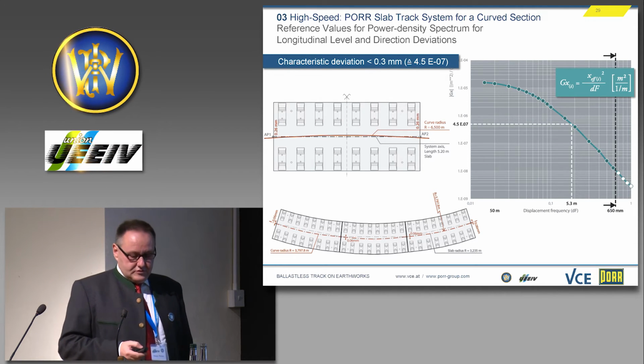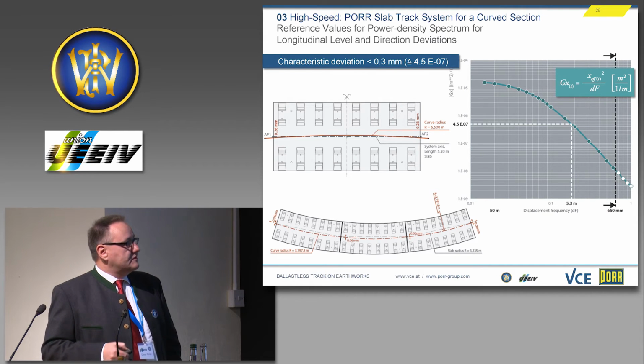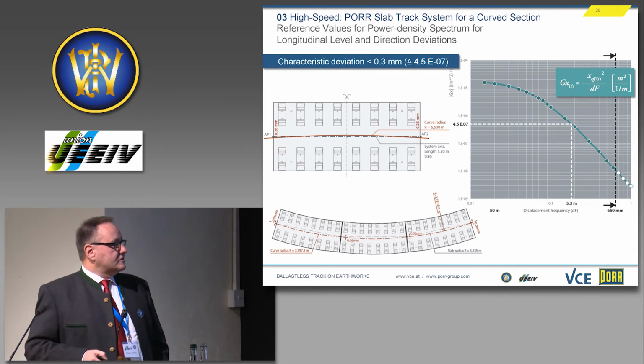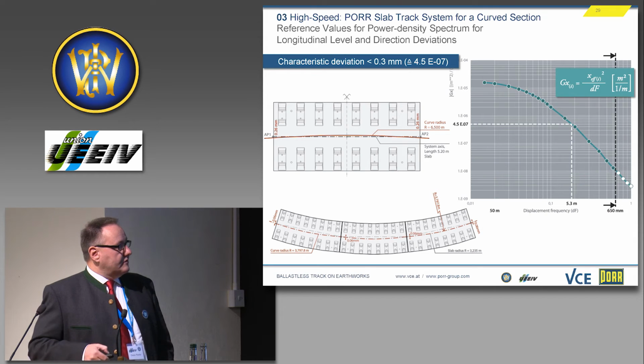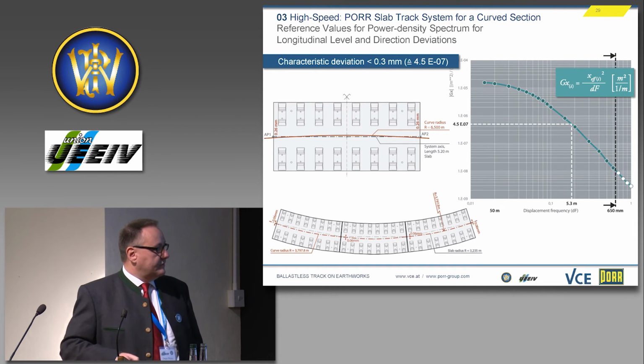Therefore, the German DB limits such failures by this power spectral density diagram, which shows how big the deviation is allowed to be, depending on the wavelength of the deviation.